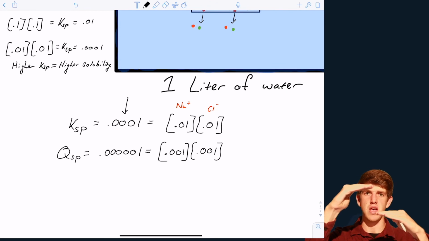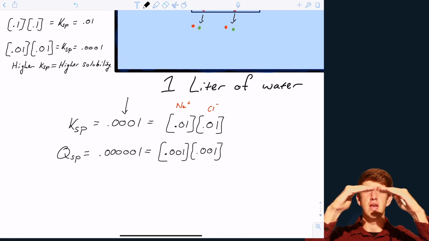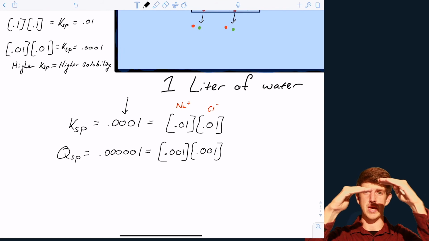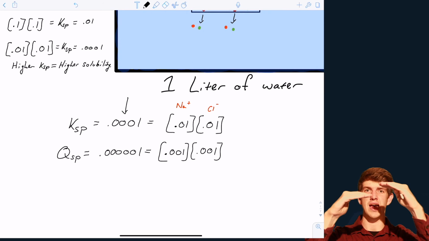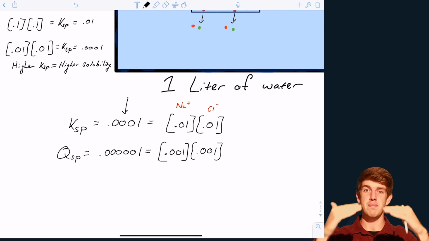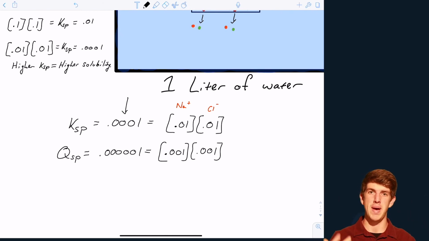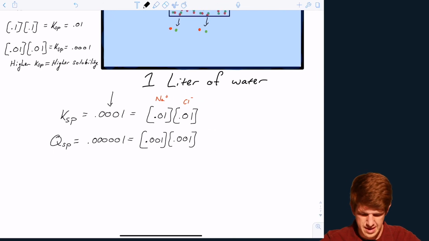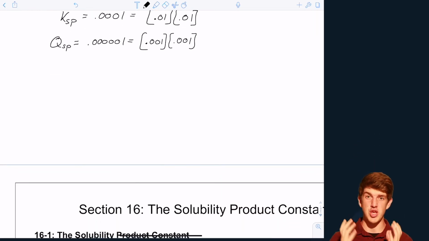And I can just keep dissolving until I get to that Ksp. But if I go higher than the Ksp, now I'm not at equilibrium anymore. I've got too many ions. So my Ksp, which is my equilibrium, is going to cause my Qsp to come back down. And it's going to come back down by precipitating NaCl back into the solid form. So that is the Ksp and Qsp.